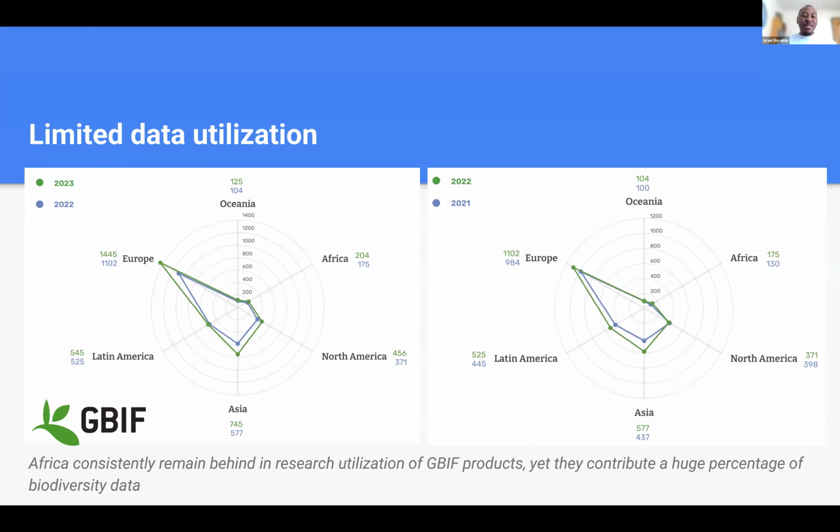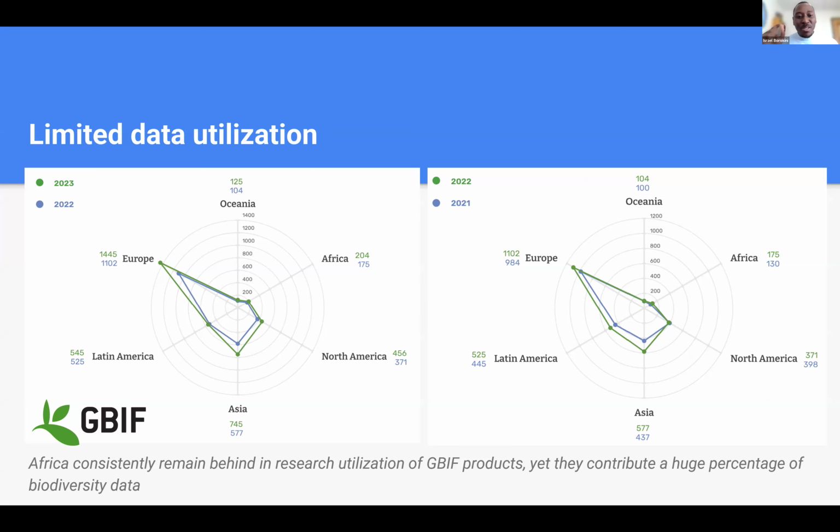So let me give you a little bit of an example. A lot of people in Africa are digitizing their herbarium specimens, their museum specimens, and depositing the data in GBIF. But who is using those data when Africans deposit them into GBIF? You can see on the graph, a vast majority of the users of those data are from Europe and North America. Look at Africa there.